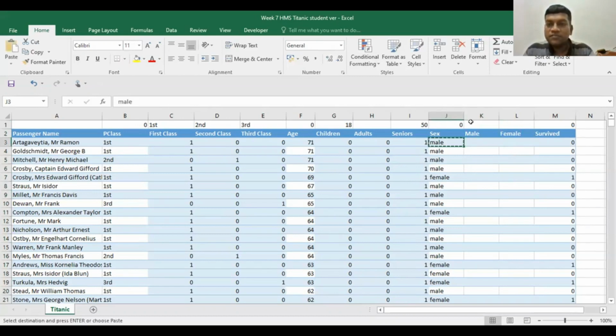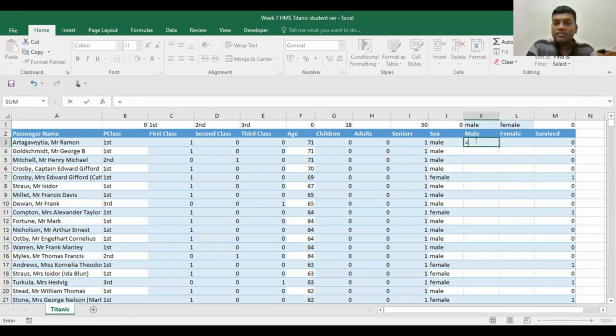Control C, Control V, Control C, Control V. I'm just doing this so that there is no matching error. Okay. So if this is equal to this, and lock it, F4, then 1, else 0.